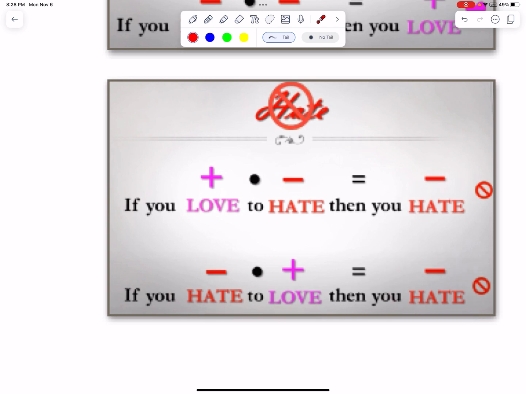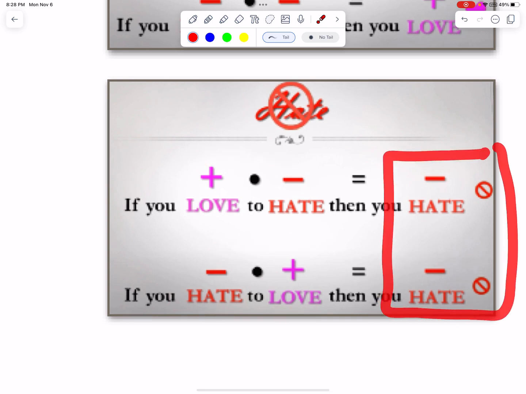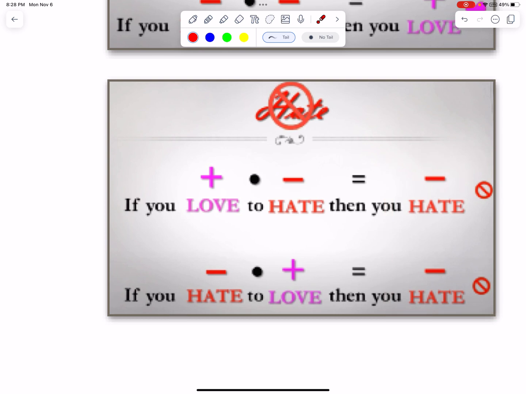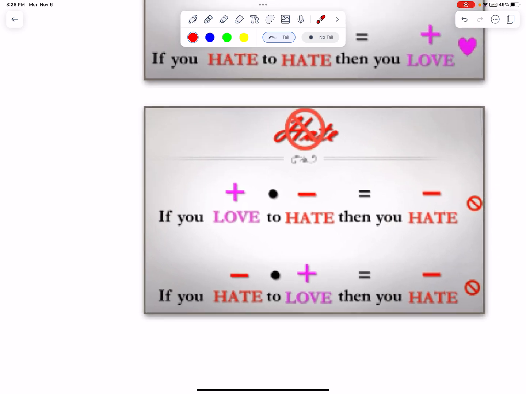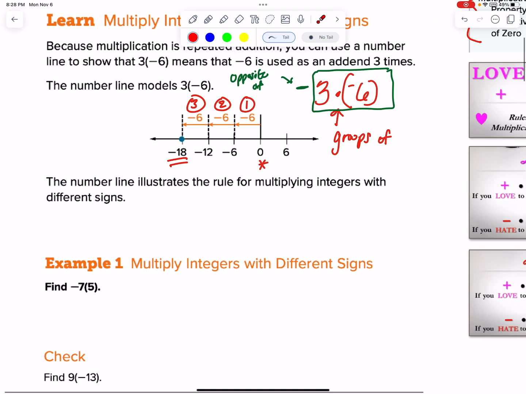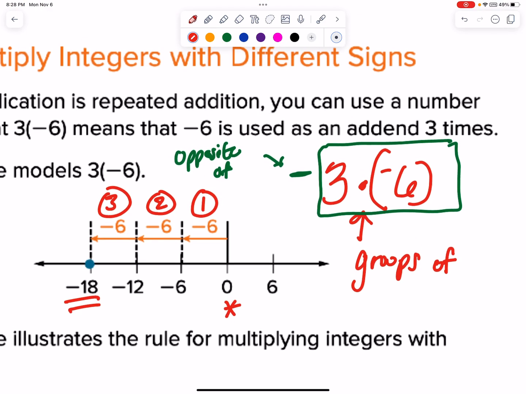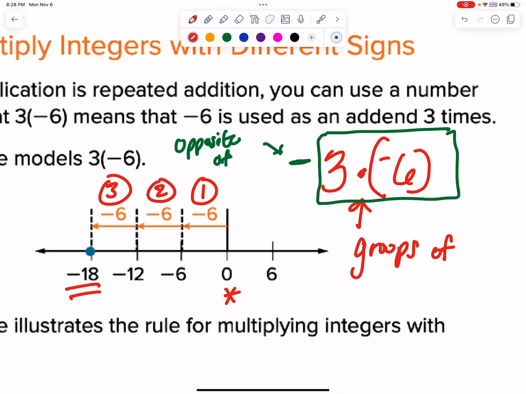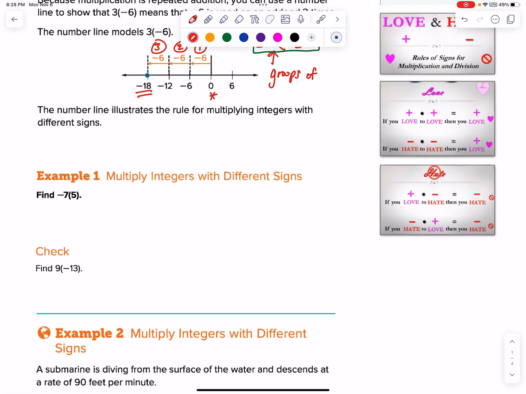So when you have the opposite operations, they create a negative, because you're multiplying groups of negatives in both of those situations. So that's what we're going to focus on as we continue. That's just a trick to help you remember, but this number line is really going to be your visual conceptual understanding for this lesson.